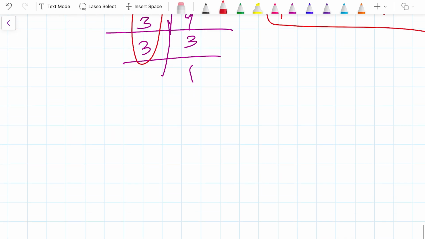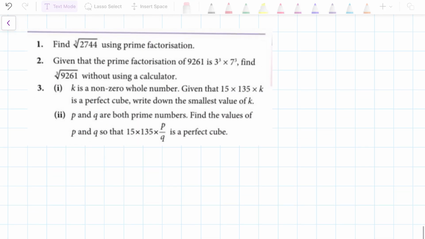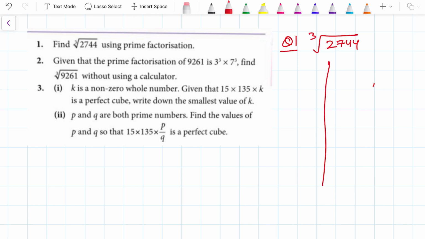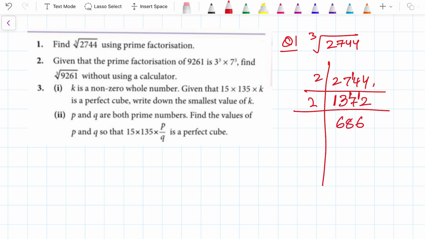Let's take up a question now. Alright, now the first question says find the cube root of 2744. It's an even number, so we'll divide it by 2. 2 times 1 is 2, 2 times 3 is 6, 2 times 7 is 14, 2. Once again an even number. 2 times 6 is 12, 2 times 8 is 16, 2 times 3, 4, 3.